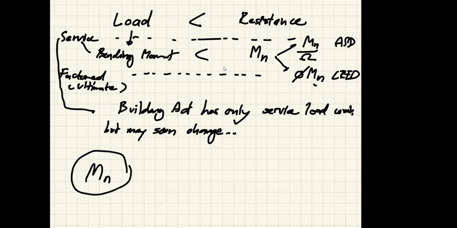It's a little bit like a compression member. When you're dealing with bending moment, the main characteristic that you should be aware of is that moment has tension and compression, correct? That's the flexural stress for you.